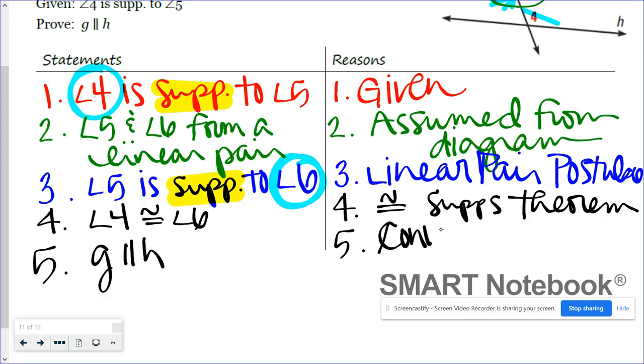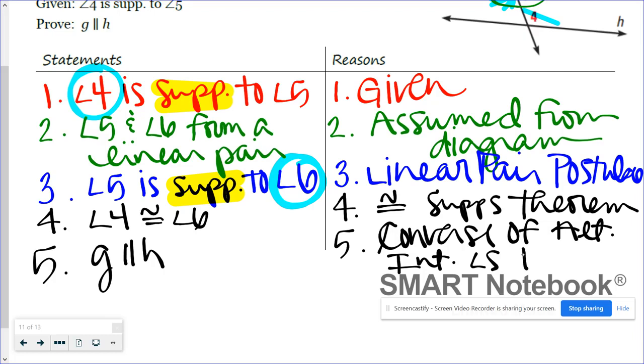So converse of the alternate interior angles theorem. Beautiful. Let's try another one.